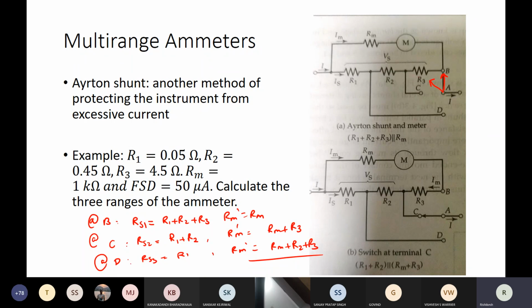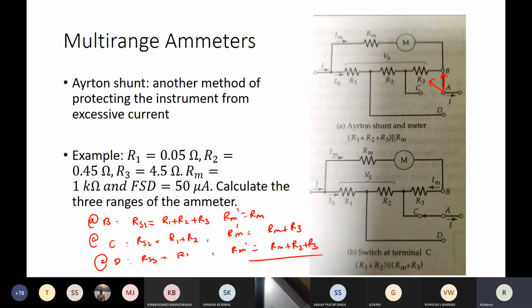Now, for the given values of R1, R2, and R3, and the meter resistance of 1 kilo ohm, and we are given the meter which has the full scale deflection of 50 microampere. You are asked to calculate the three ranges of the meter.